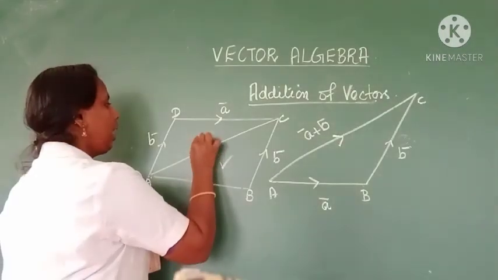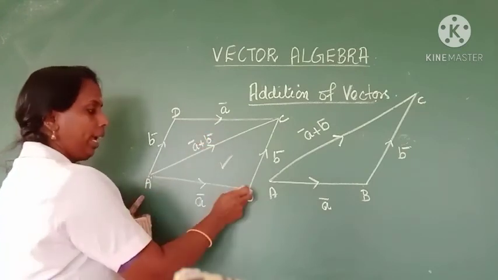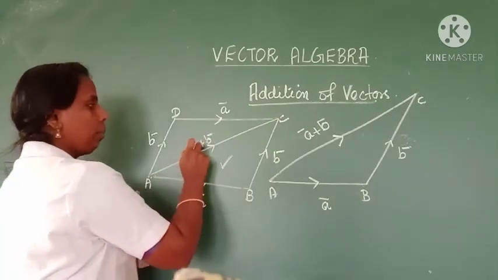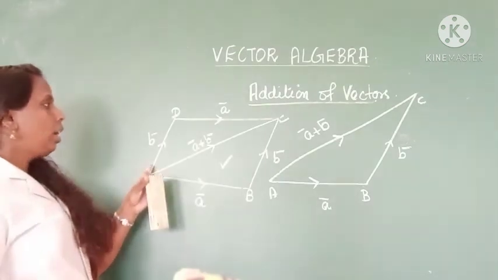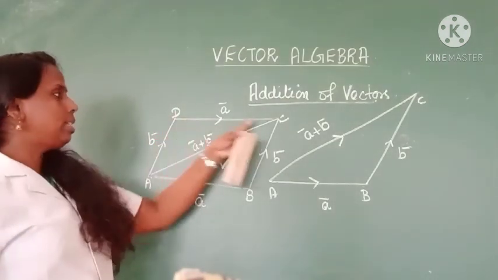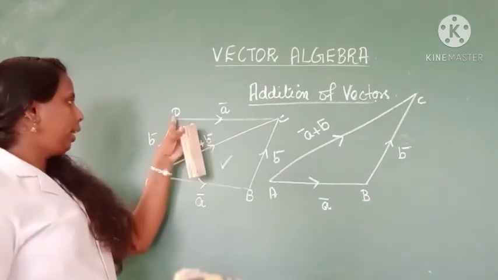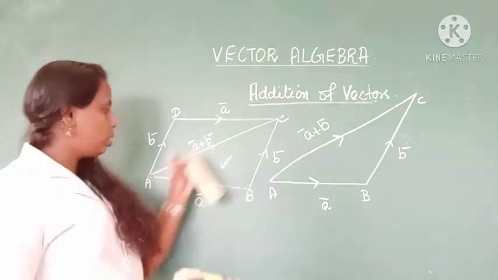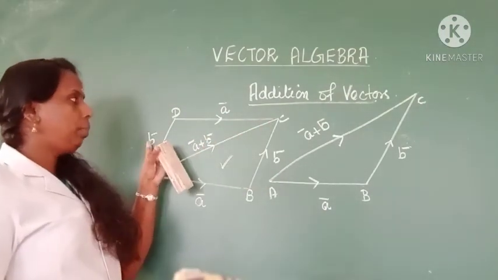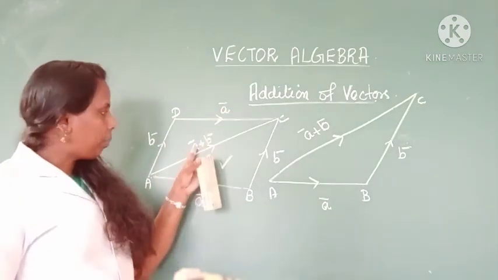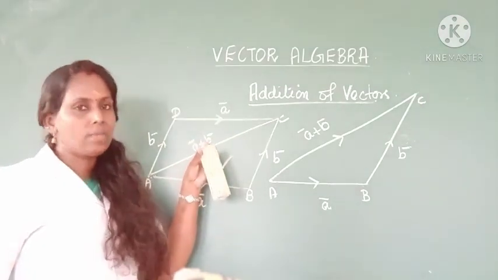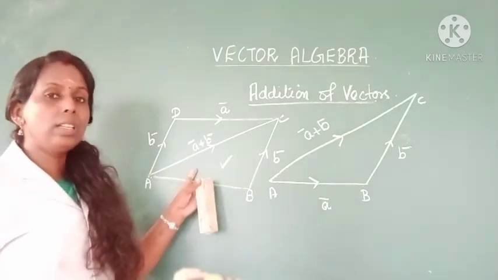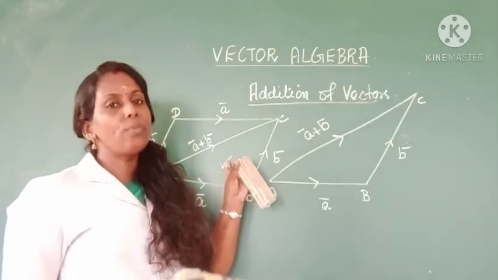AC vector is A plus B because AB is vector A, BC is vector B. In this other triangle, AD is vector B and DC is vector A, so AC vector is vector B plus vector A. Vector A plus vector B is the same as vector B plus vector A. That is, vector addition is commutative, and this result is known as the parallelogram law of vector addition.